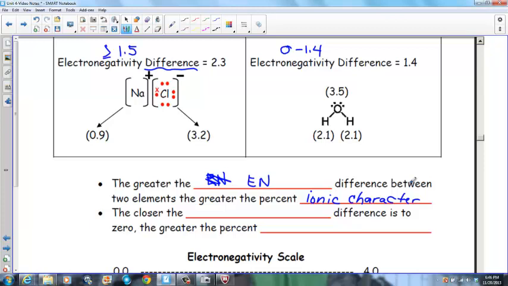Sorry, I slipped on the pen there. I'll cross it out and make it nicer for you. And the closer the electronegativity difference, or END, is to 0, the greater the percent covalent character.